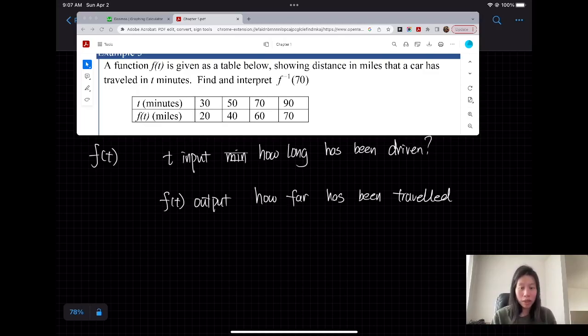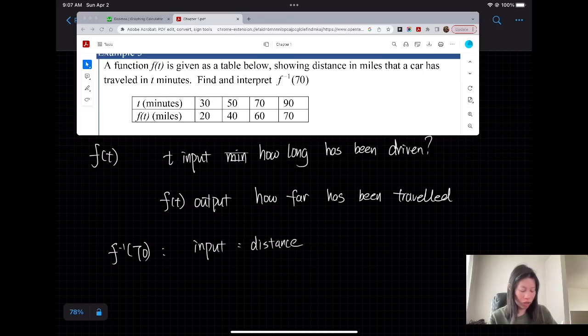Okay, so what does the inverse mean? Well, the inverse is the opposite. Your input becomes the mileage, the distance that you travel. What's the output? The output is the time, right? It becomes the time because they flip it.